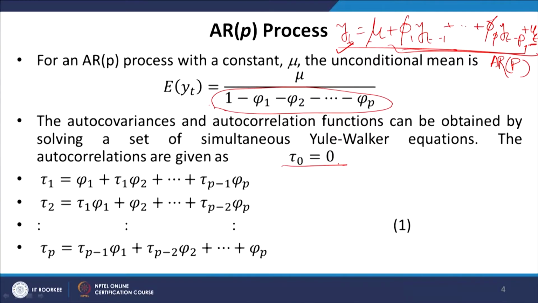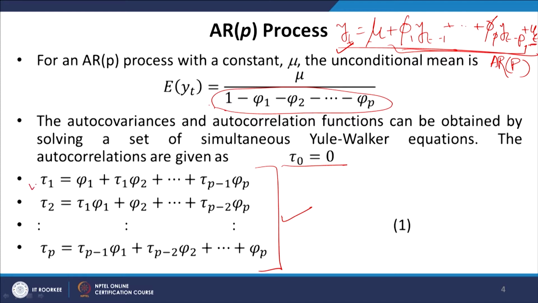Similarly, by applying the Yule-Walker equations, we can also calculate the autocorrelations for an AR(p) process. We call this set of equations equation 1.